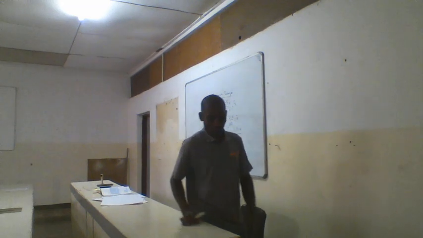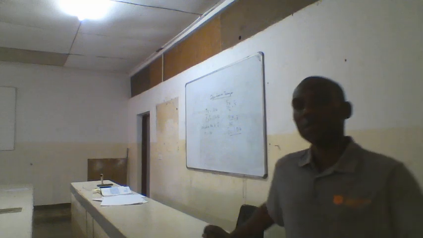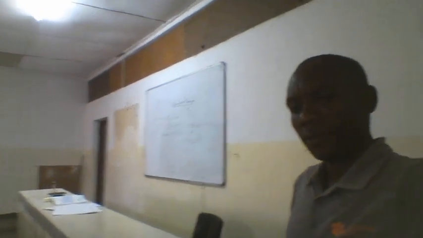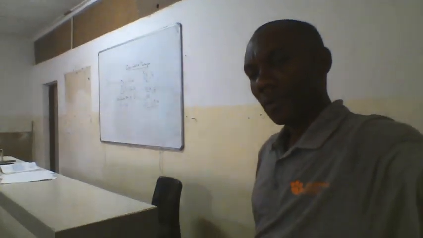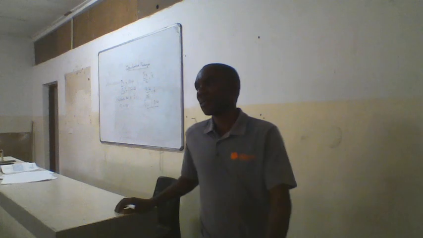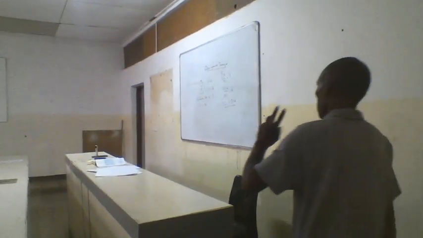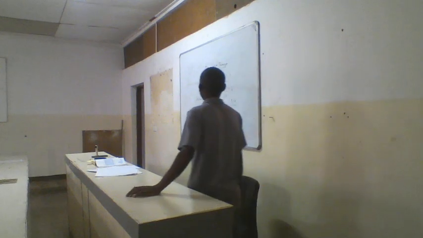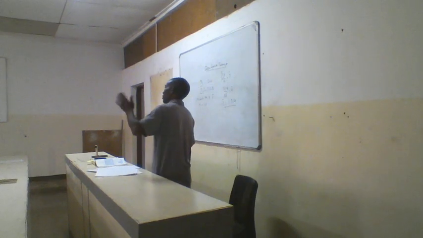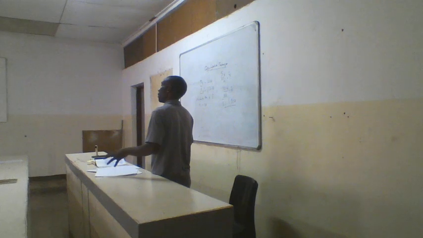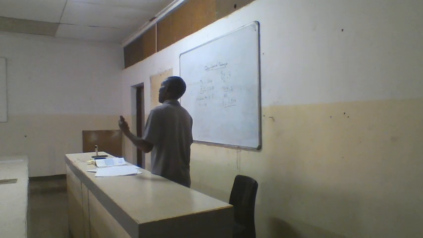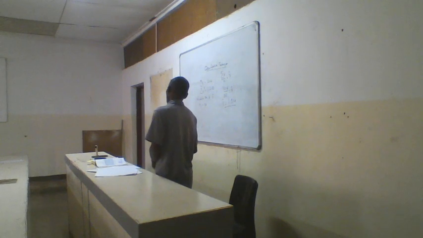Then the second issue is to calculate the standard deviation. Now let's calculate the standard deviation. Remember that I gave you two methods of calculating standard deviation. The first one, which I actually said is a very difficult one, and the second one is the easier one.